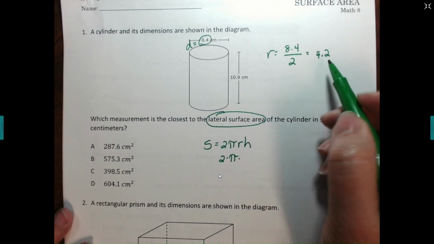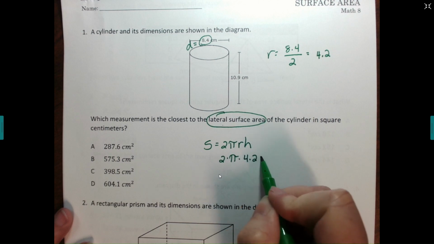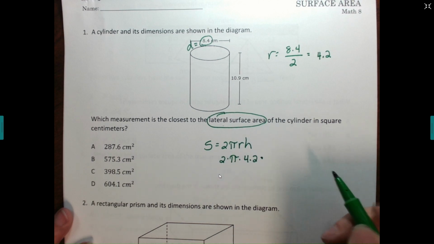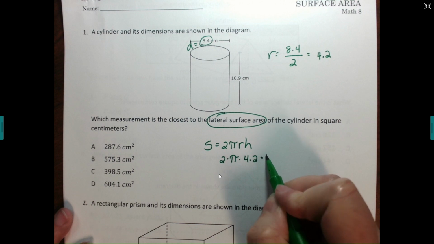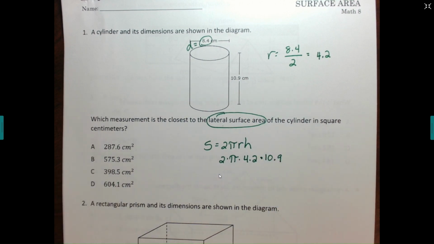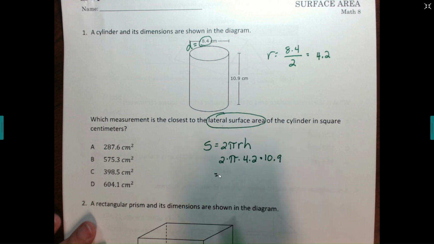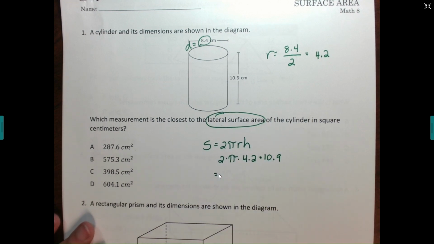So now I can put 4.2 in here for my radius, times, what's my height? 10.9. I forgot to grab a calculator. Kaylin, would you bring me a calculator, please? Thank you. So when I put this in my calculator, 2 times pi times 4.2 times 10.9.